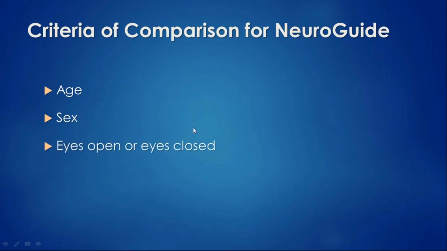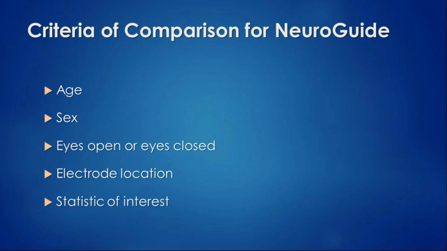You're then comparing to a brain where the recording conditions are the same, eyes open or eyes closed, as well as what exact locations on the head you are recording data from. These make a lot of sense, and it's a way that we can really compare a brain of similar type to that individual. The last point of comparison is the statistics of interest, but I don't consider this very important because we actually record all the statistics, and it's just whichever ones we choose to show you that you're actually looking at.